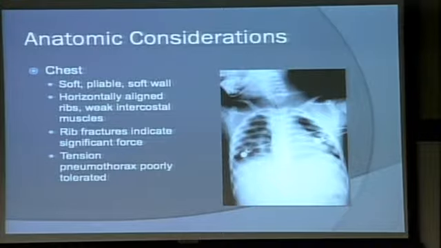So you get lung contusions, you get pneumothorax, etc. Tension pneumothorax in a child is deadly. If you have a child who's in shock or in a cardiac arrest after a motor vehicle accident or a significant injury, they probably have a pneumothorax.